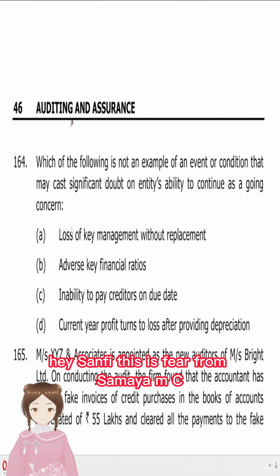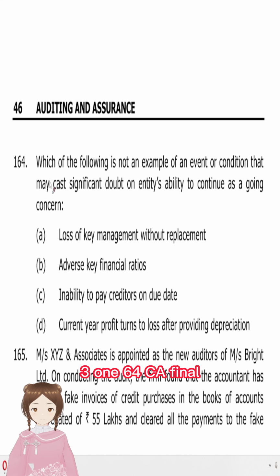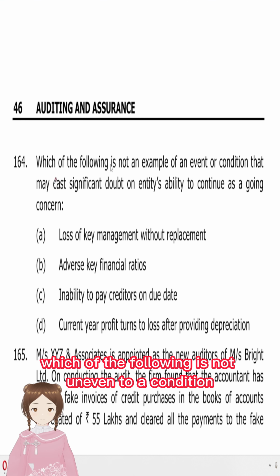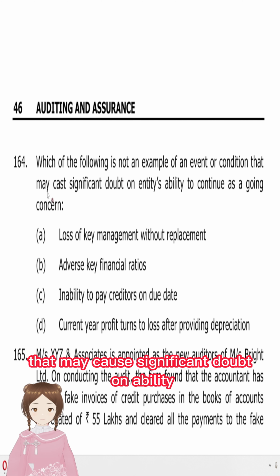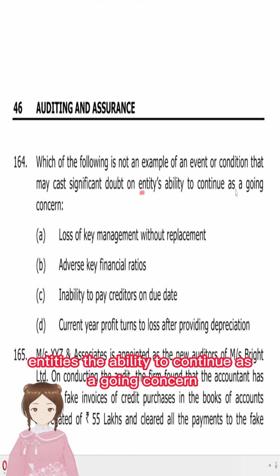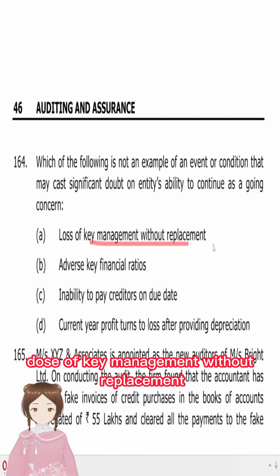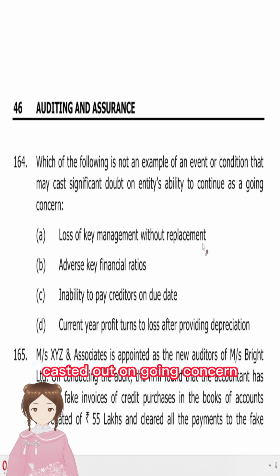Hey Sampham, this is Priya from Samaya, MCQ 164, CA Final. Which of the following is not an event or condition that may cast significant doubt on the entity's ability to continue as a going concern? Loss of key management without replacement casts a doubt on going concern. Adverse key financial ratios cast a doubt on going concern.